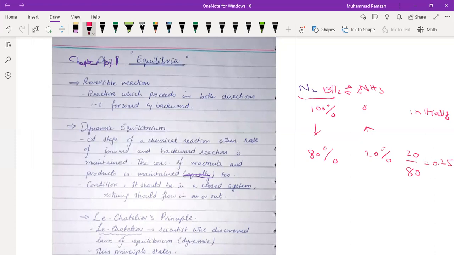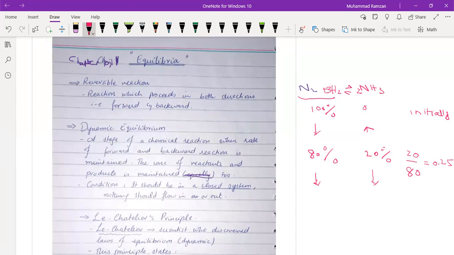When you remove this, it means it will be affected. Again, this 20 and 80 figure will be changed. When you remove 20, your 0.25 ratio would be affected. It means the 20 figure is now decreased.